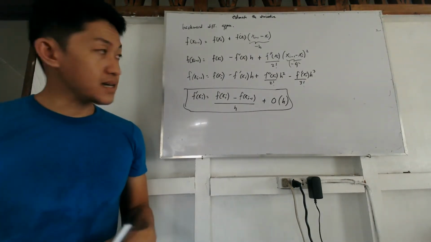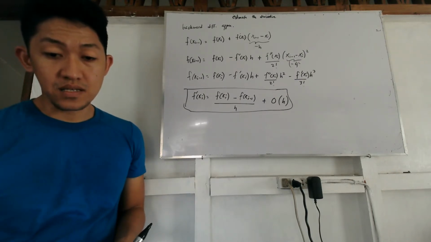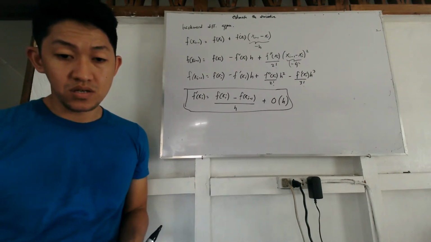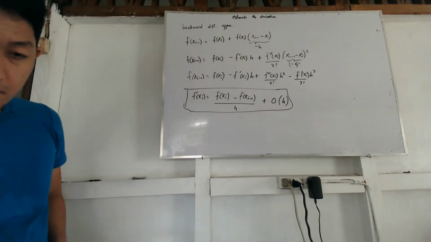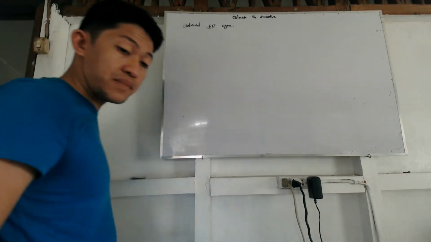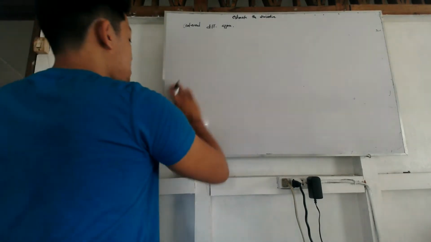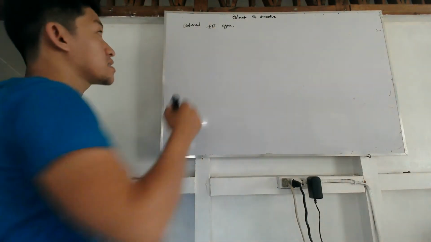And last, you have also the central difference approximation or centered difference approximation. The third format of approximating the derivative is the center difference. So how do you get the center difference?